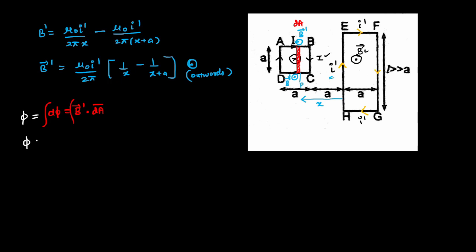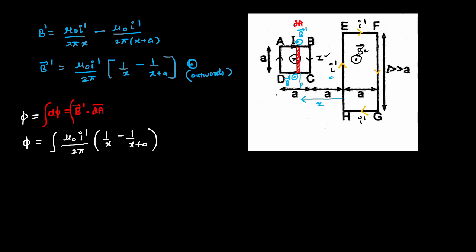The total flux will be equal to the integration of B dash dot dA, and we have to select this particular dA value so that we can easily integrate. So we have the B dash value as mu naught I dash by 2 pi times 1 by x minus 1 by x plus a, dotted with dA. dA is here the length of this particular red shaded portion, that would be a, and the thickness is dx.